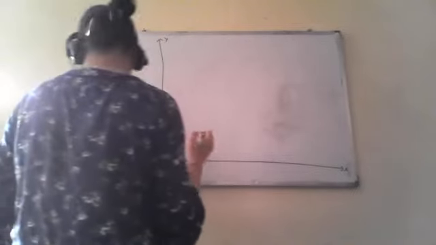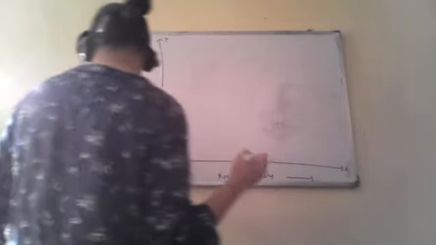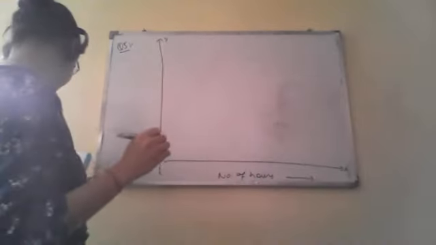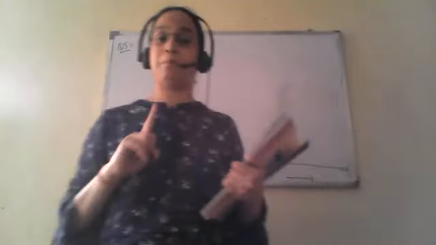This is the x-axis. This is the y-axis. On the x-axis we have taken the number of hours spent watching television per day. Okay. So this is our origin.